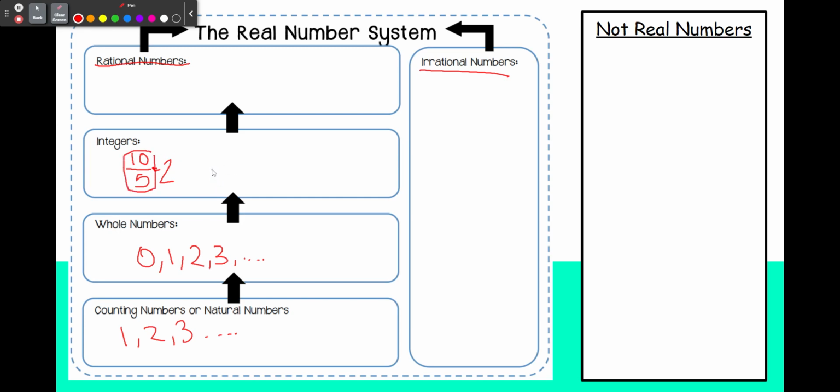Integers are whole numbers and their opposites, and of course fractions that are equal to whole numbers or their opposites. So negative 3 and positive 3 are both integers. Negative 2 and positive 2.